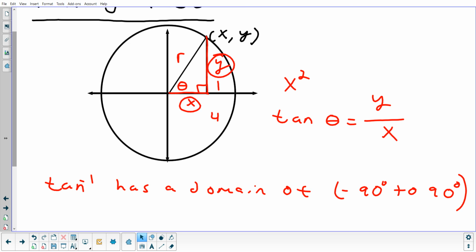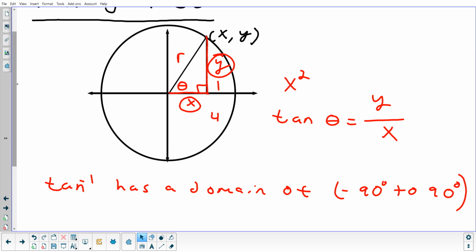Well, that's not good enough because you definitely can have coordinates in quadrants 2 and 3. So how are you going to get the angle if you're in one of these two quadrants? Well, all you have to do is, if you get an answer that's in quadrant 1 or 4, add 180 to it, and it will move you to the other half of the circle, right? So when we go through it, we'll draw that out so you can see it.